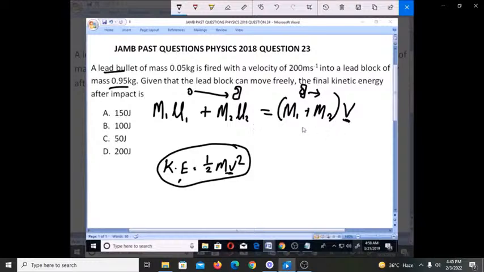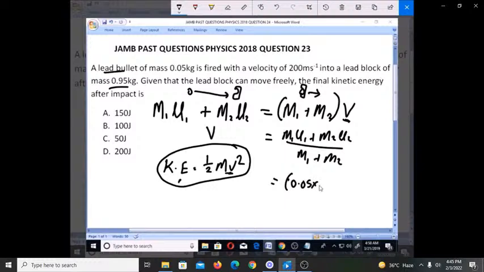So make V the subject of the formula. We have V equal to M1 U1 plus M2 U2 all over M1 plus M2. So with that, V is equal to M1, which is 0.05, times U1, which is 200. We are given the initial mass as 0.05, and this is the initial velocity.